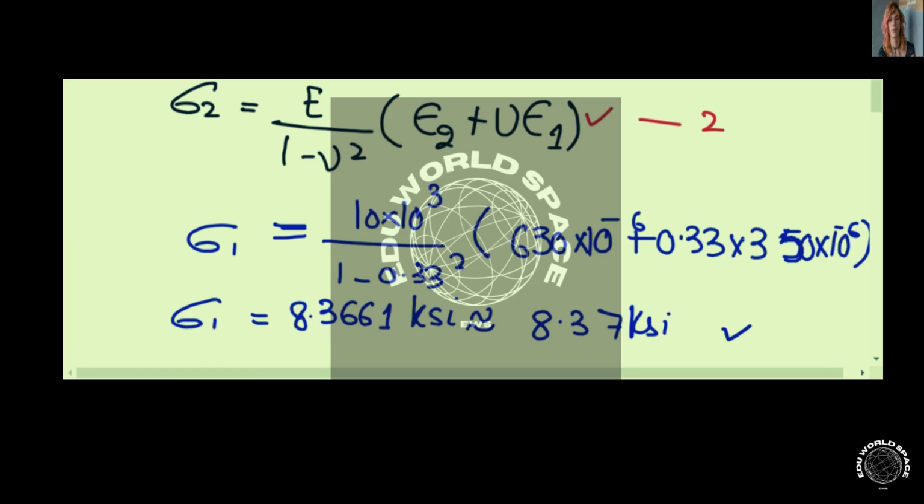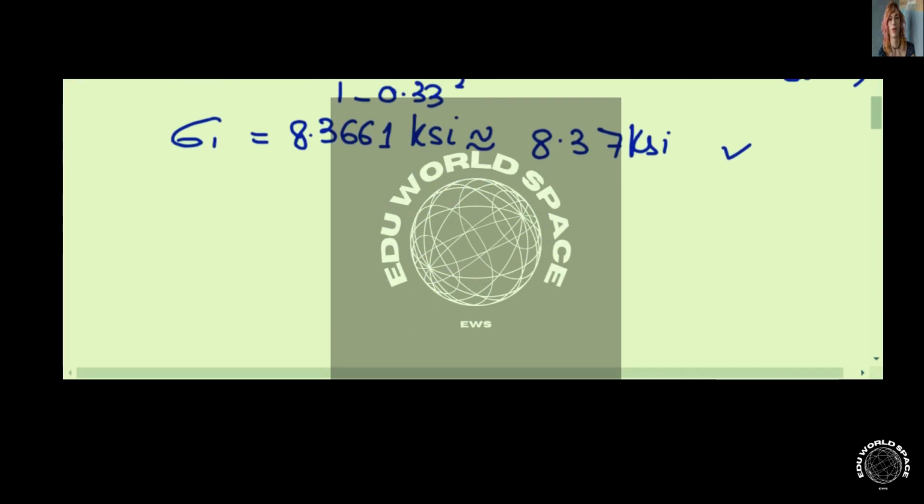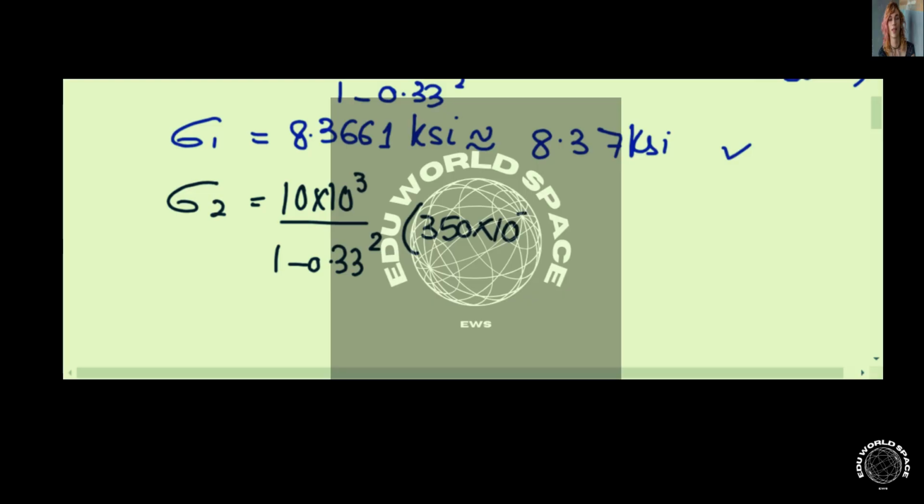And next we're going to use equation number 2. Again, we have all the values for all of these variables, so I'm just going to plug them in over here. So the other principal stress is equal to 10 into 10 raised to power 3 over 1 minus 0.33 square, parenthesis, 350 into 10 raised to power negative 6 plus 0.33 into 630 into 10 raised to power negative 6.